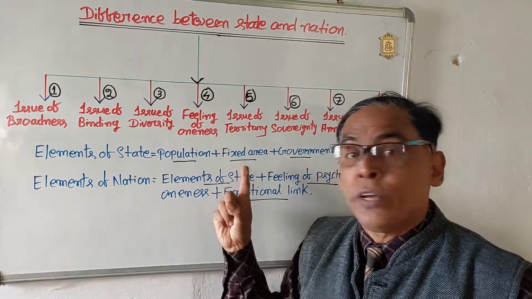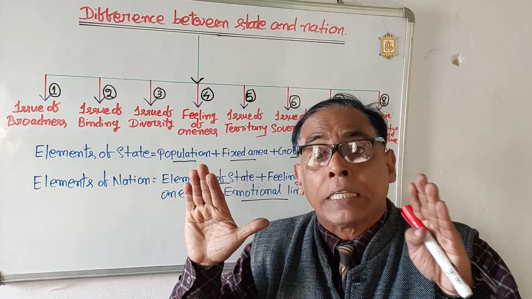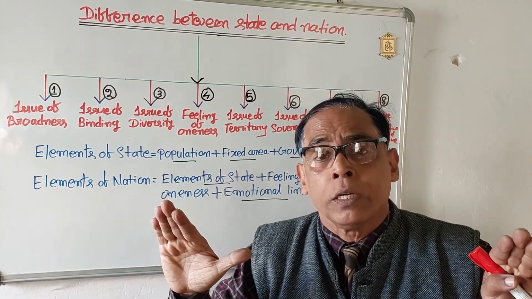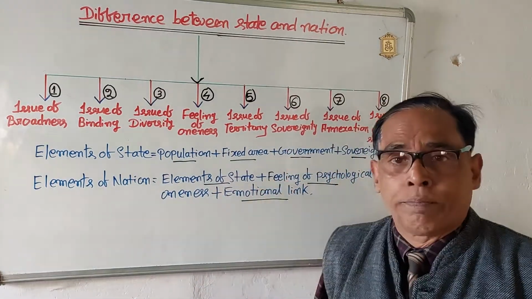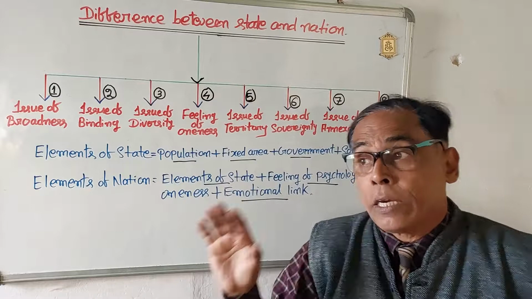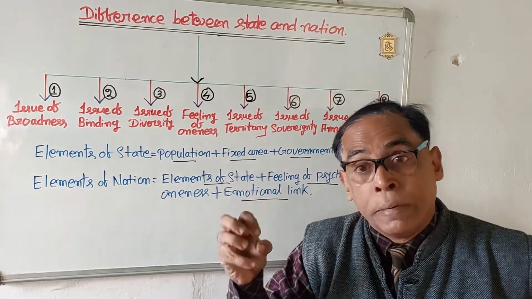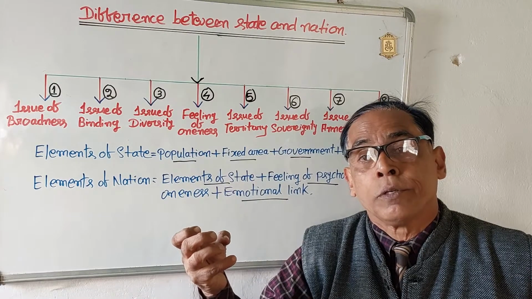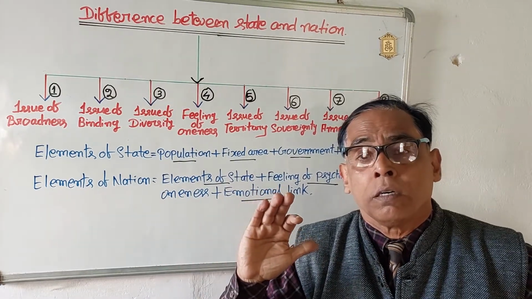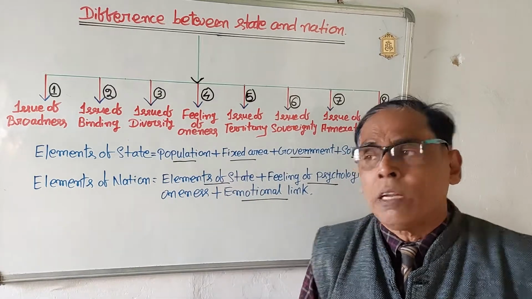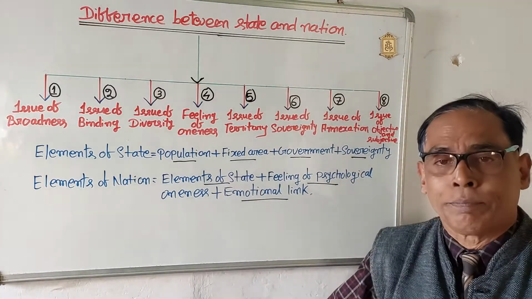Number 2, fixed area. For the formation of a state, a fixed area or fixed territory is a must. Number 3, government. A government is necessary because government is the machine of the state. Without a machine, the state cannot function. And number 4, sovereignty. Sovereignty means supreme power.